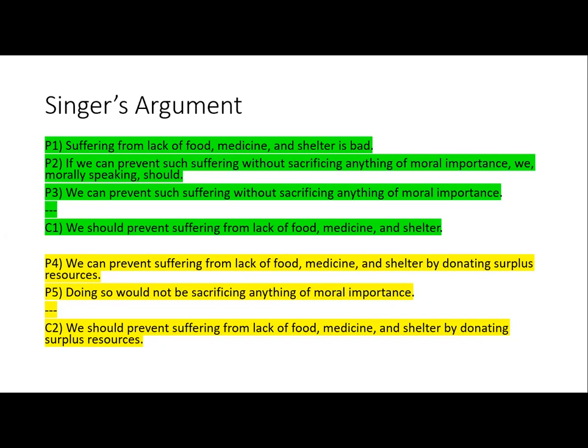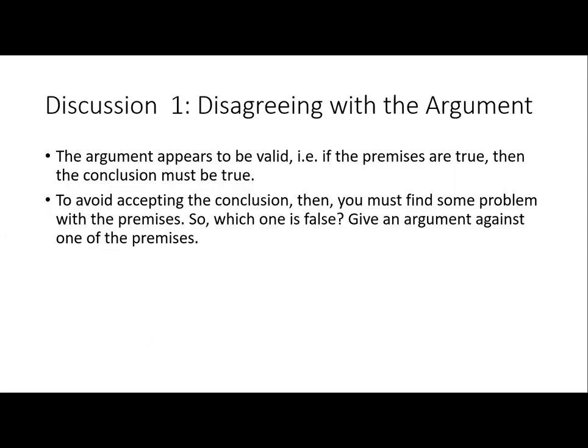So let's look at the next discussion idea. The argument appears to be valid, right? Folks agreed on that. If the premises are true, then the conclusion must be true. Many of you seem willing to accept the conclusion, at least in the future.